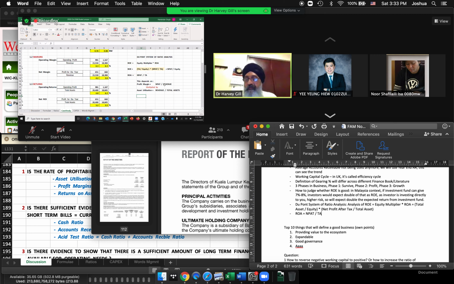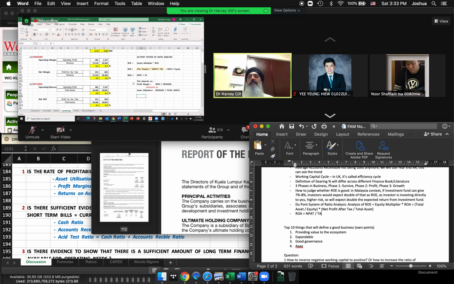When revenue and revenue gets cancelled off, you get back net profit after tax divided by total asset. Okay, so that means the return on assets, ROA, is explained by changes in profit margin and asset utilization. That's the maths. Now think about the logic.